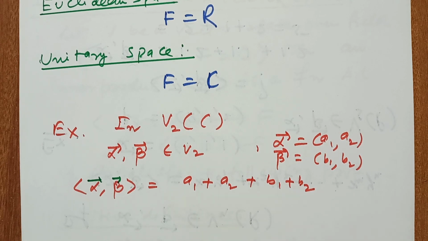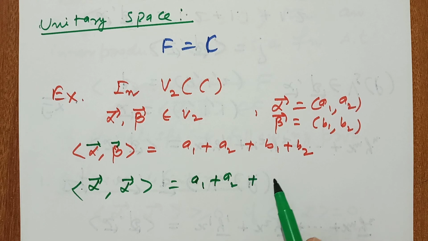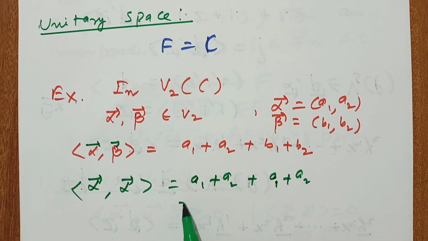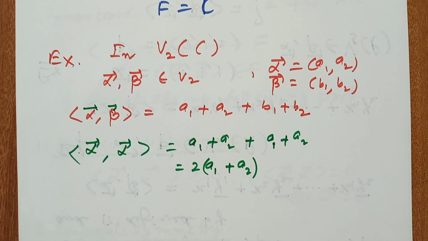The first condition is positive definiteness. Alpha alpha is a1 plus a2 plus a1 plus a2, so 2(a1 plus a2). Since we take a1, a2 positive, this is positive, so this is not a problem.